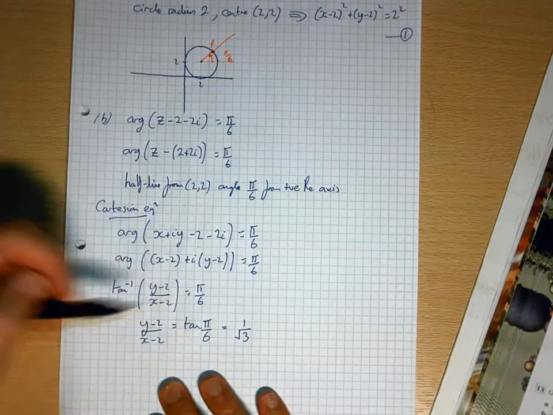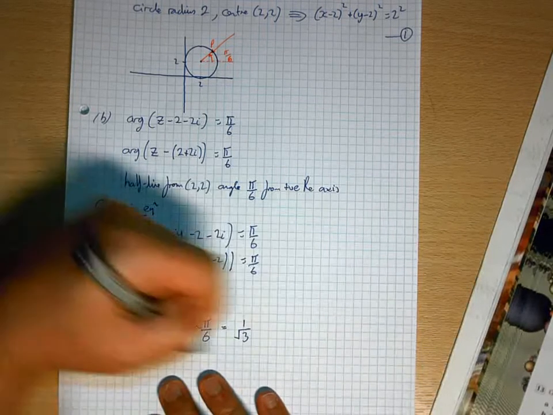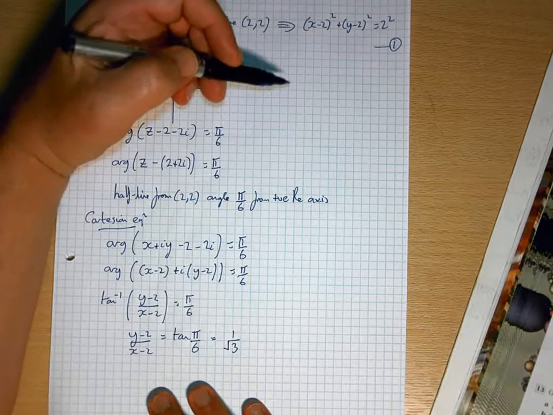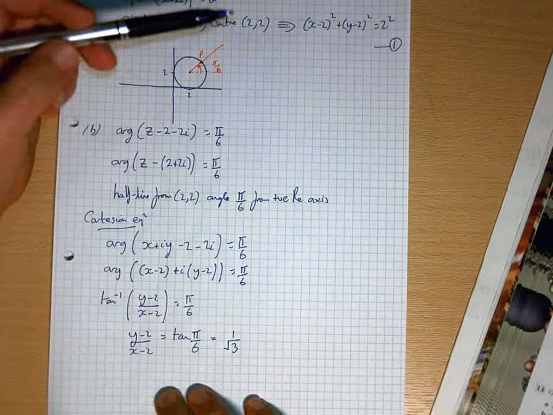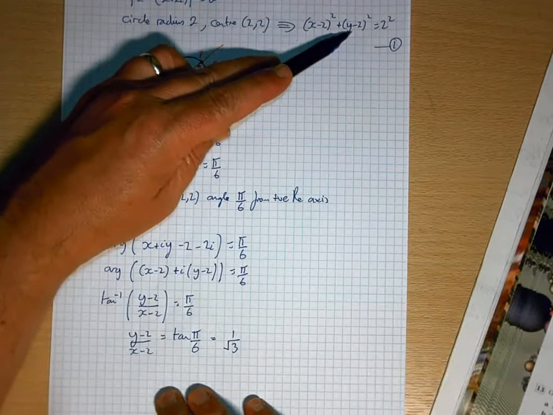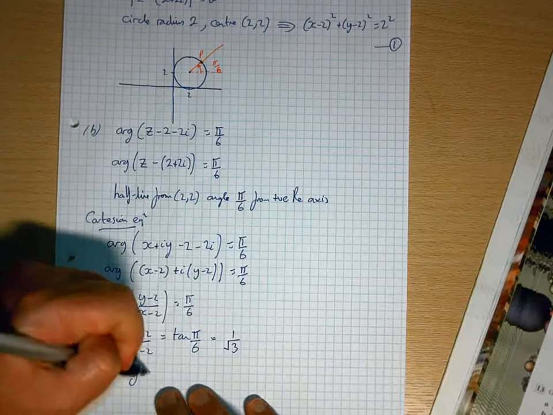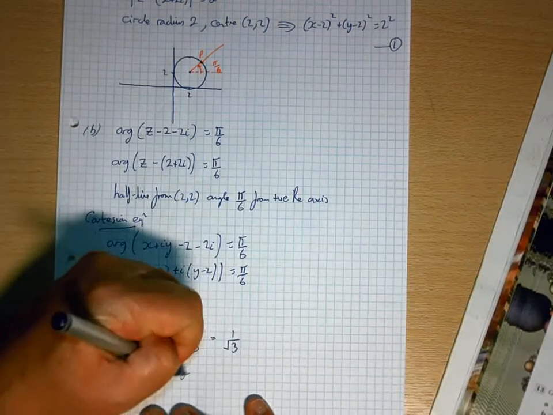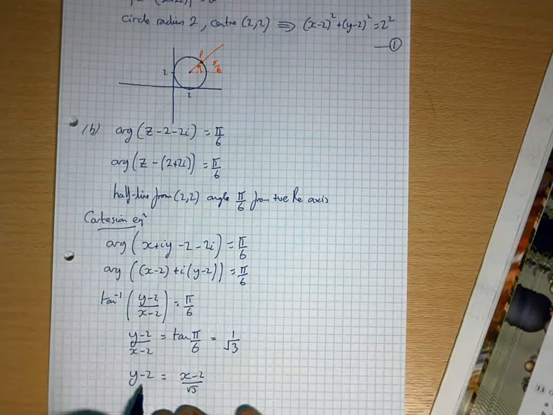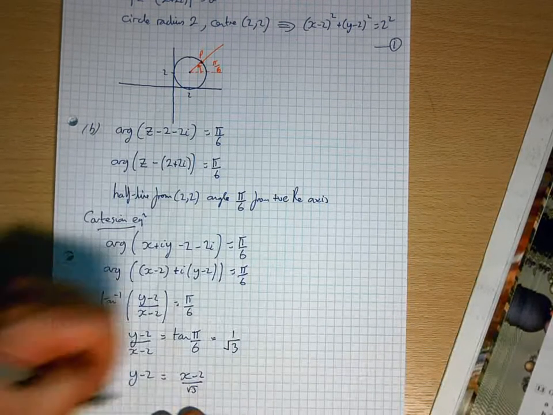So I've got y minus 2 over x minus 2 is 1 over root 3. Now we need to substitute from either this into the one up there or vice versa. Now the shortcut to take here is to spot that in its entirety is y take 2. So if I rearrange this one and leave it as y take 2, I can substitute that completely into equation 1.